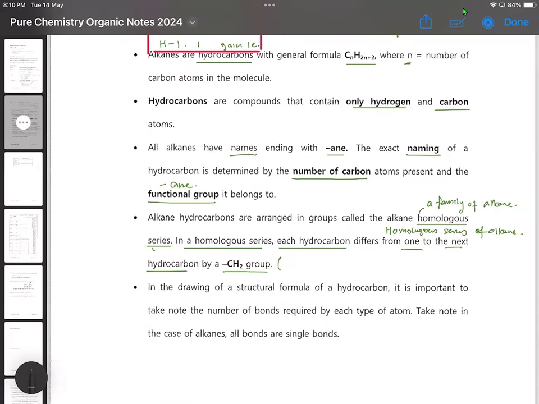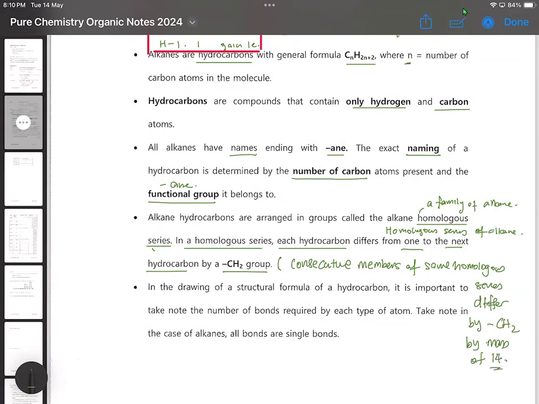So that means consecutive members of the same homologous series differ by a CH2 group, or differ by a mass of 14.